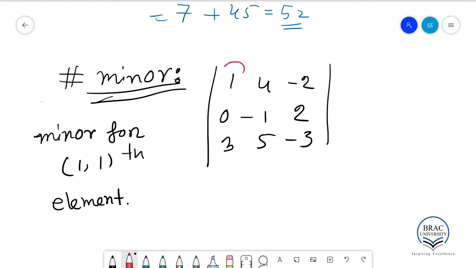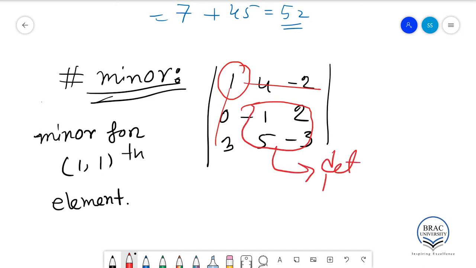So you take this 1/1 element, you forget this row and column, and then you take a look at this part, and this part's determinant gives you the minor. It is as simple as that. For example, in this case, the 1/1th element is 1, and if you calculate the determinant of this highlighted part, it's 3 minus 10, that is minus 7.